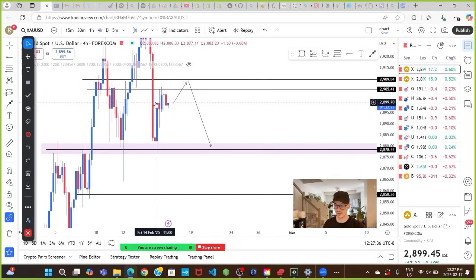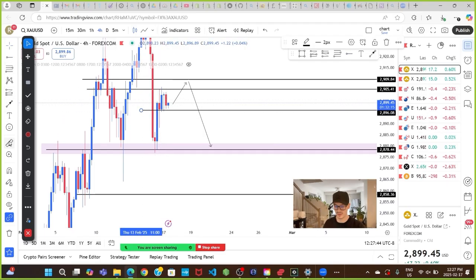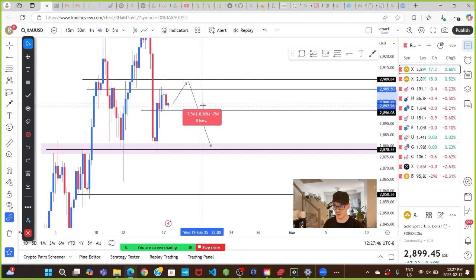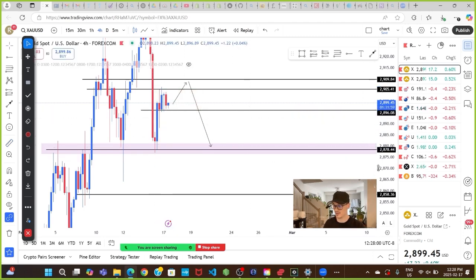This also, as you can see, created a support, and if this candle continues to close bullish, it's going to confirm that support. So this range here might be a new kind of 100 pip range for you to trade. So if you're taking sells from this 2905, 2900s, you have to be sure that this is going to break. If not, it's going to come back higher. So that is your first area of concern, and then your second TP down there.